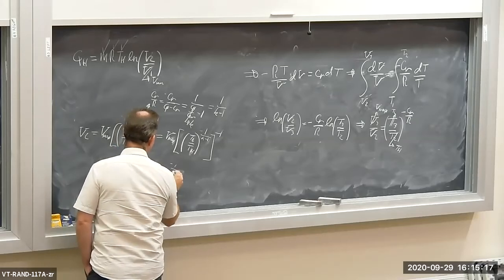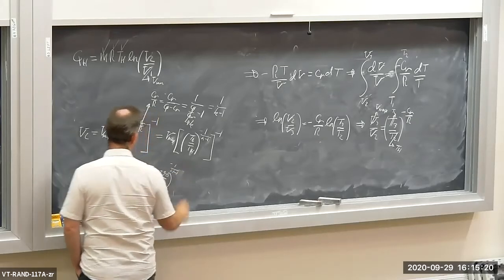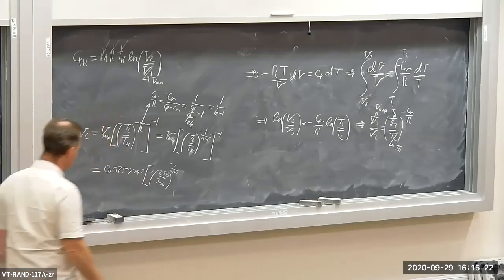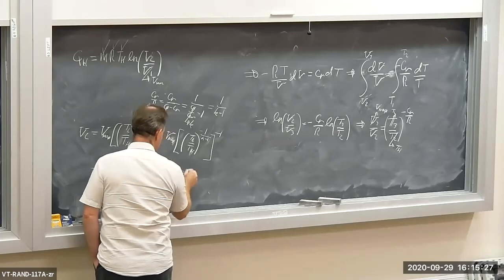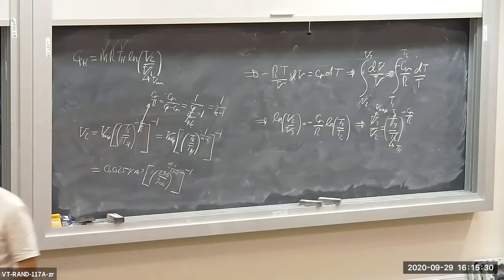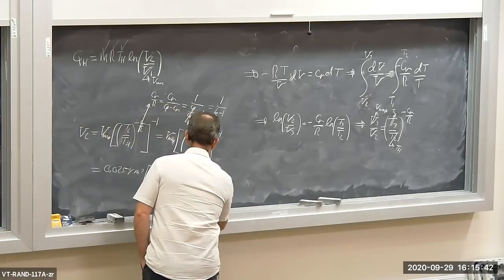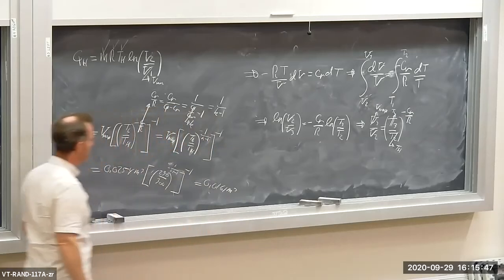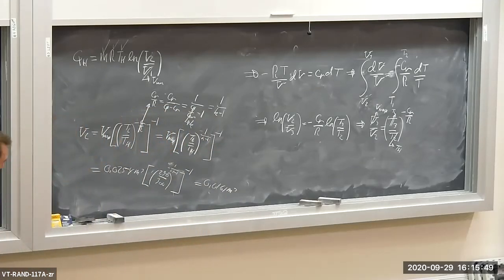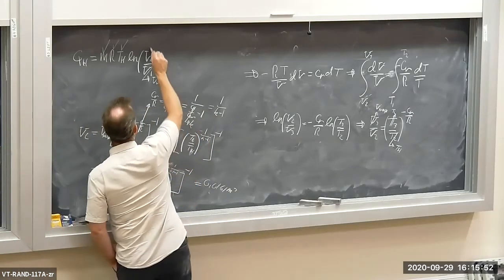And then I get the exponent of minus 1 over 1.4 minus 1, and I get the volume at state 2. Volume at state 2 is equal to 0.0161 cubic meters. So now I know V2.